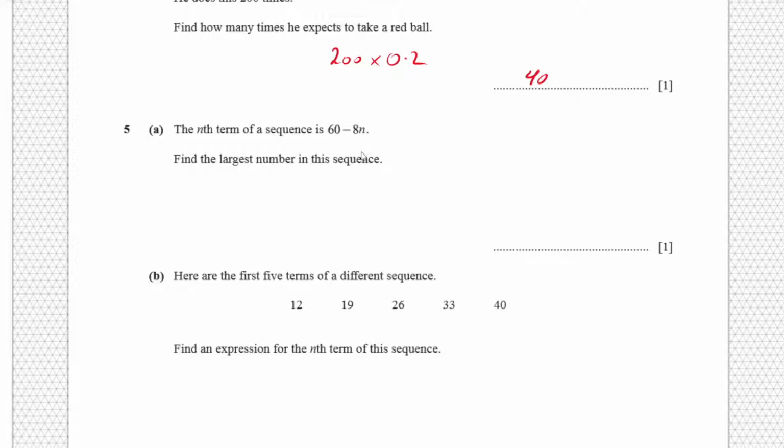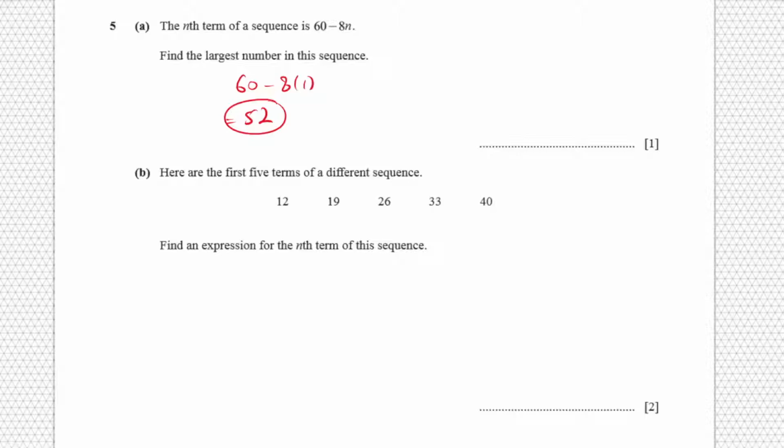All other possibilities will give you a smaller number, right? Let me give you an example. So 60 minus 8 times the first term, replace n with 1, that's going to be 52. If you keep increasing the term, if you go to the second term or third term, you will get lower and lower numbers, right?